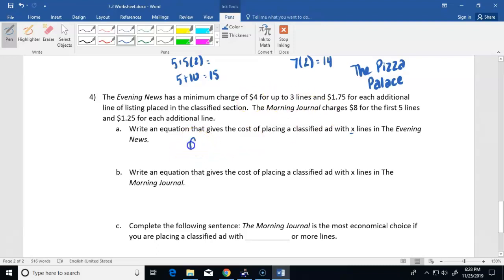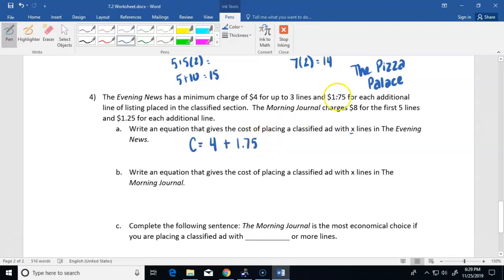So our cost for the Evening News is it costs $4 for up to 3 lines. So whenever you pay $4, you get 3 lines for that $4. But if you go over 3 lines, they're going to charge you $1.75 for every line. So the equation that most students would usually write is 4 plus 1.75x.